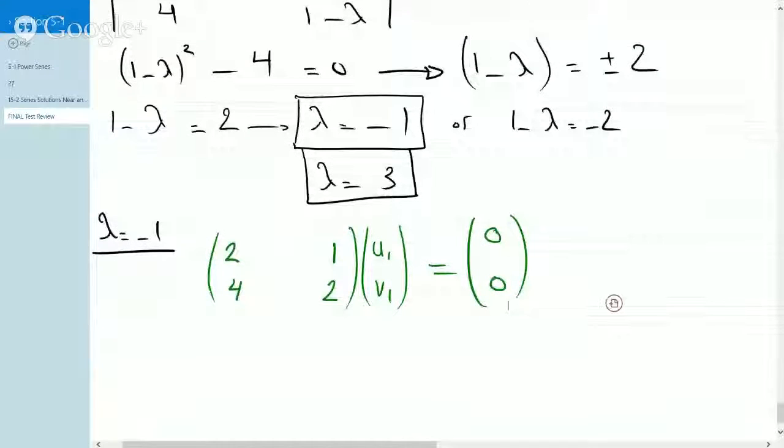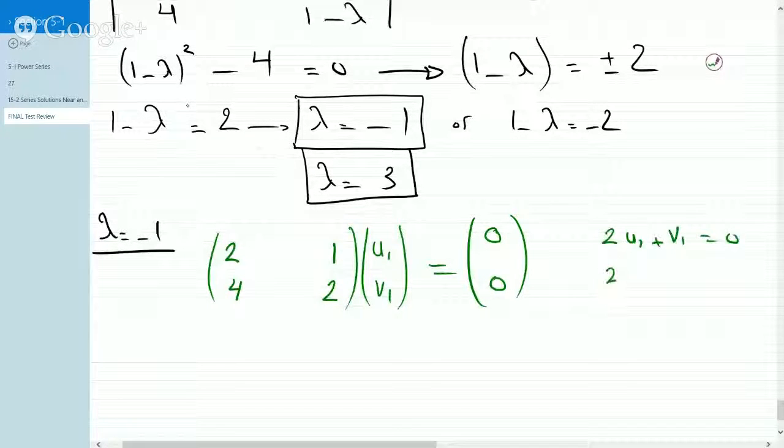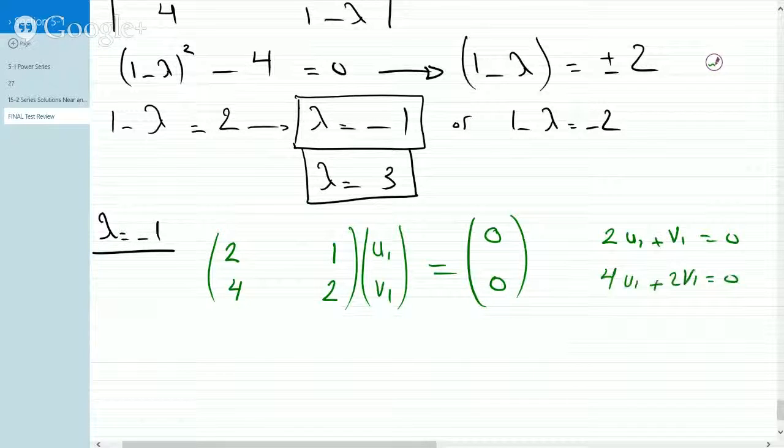Now, we're going to get two equations here, are we not? So we're going to get 2u1 plus v1 equals 0, and 4u1 plus 2v1 equals 0. Now, those are a linearly dependent system of equations.